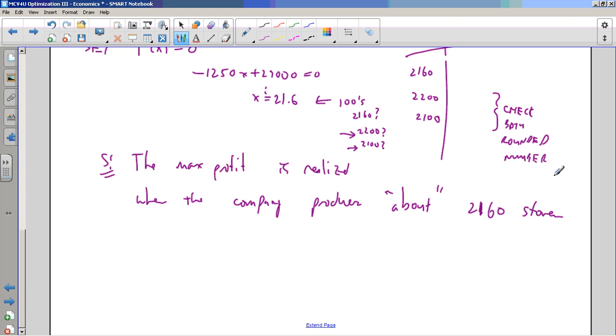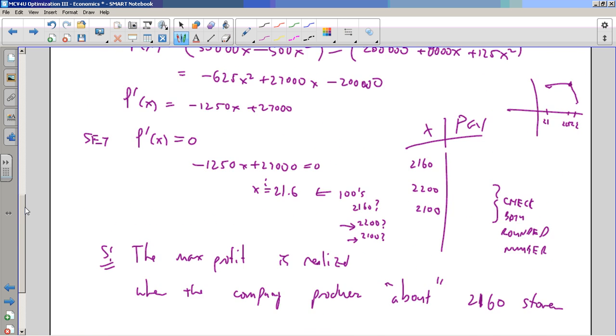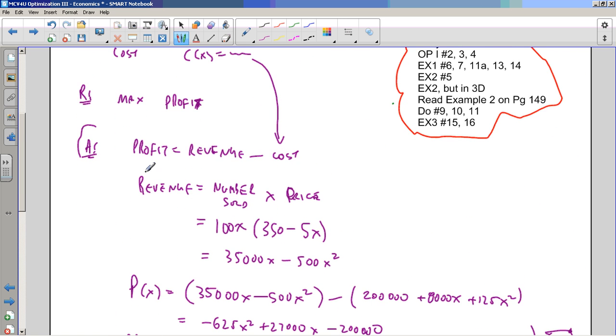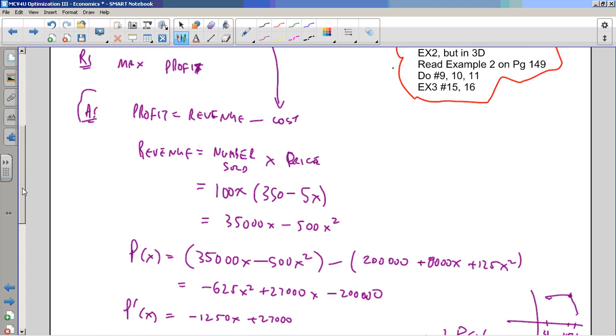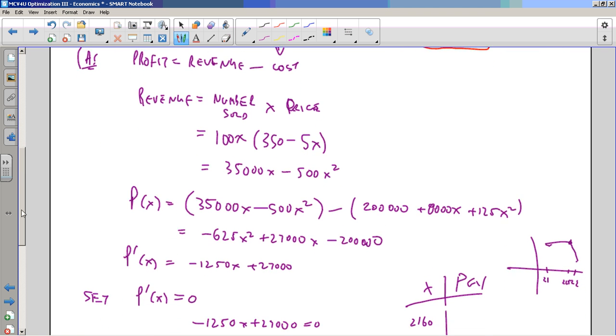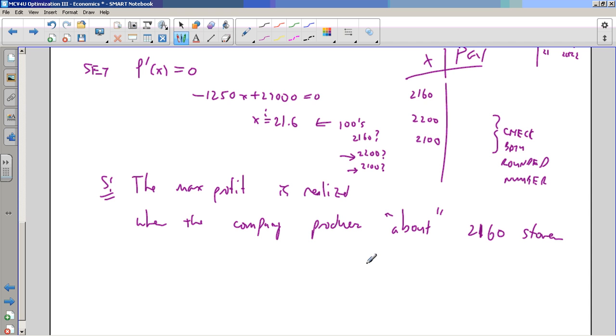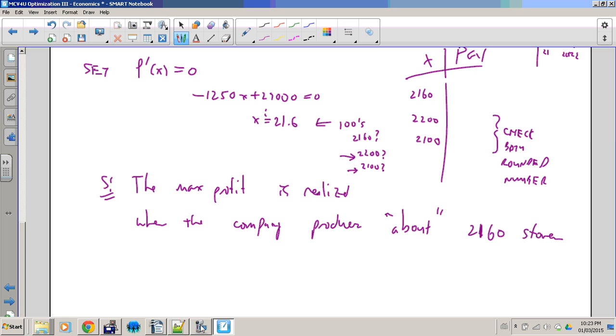And of course, we could pound that into our calculator and get some huge profit number. It's going to be a big number, right? You put in 21 in there, it's going to be a big number. I'm going to let you do that on your own. It's been a long few days on optimization. Next is good, clean, fun related rates.